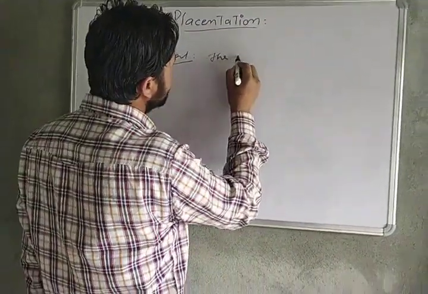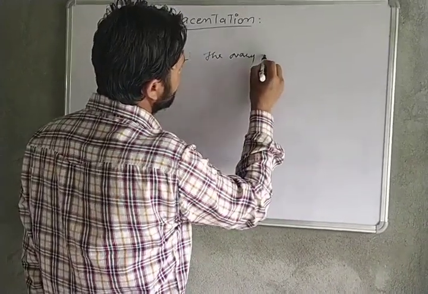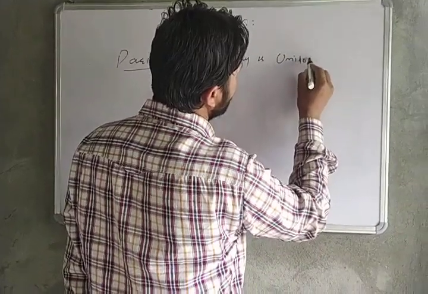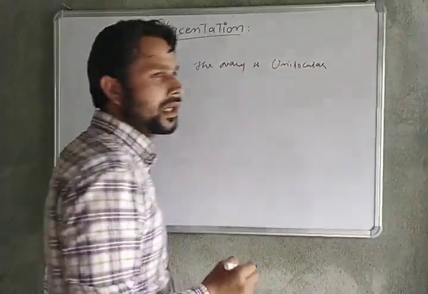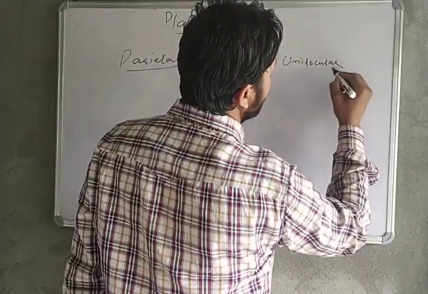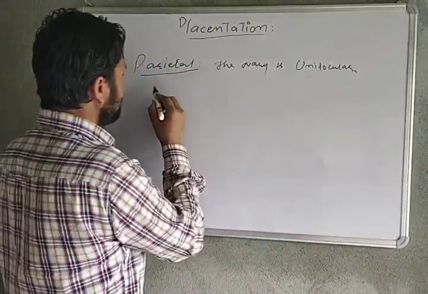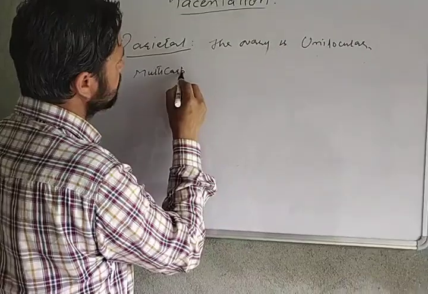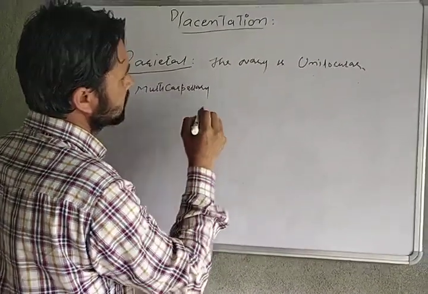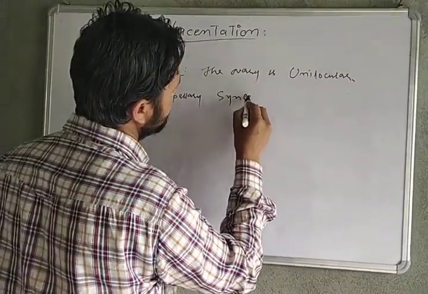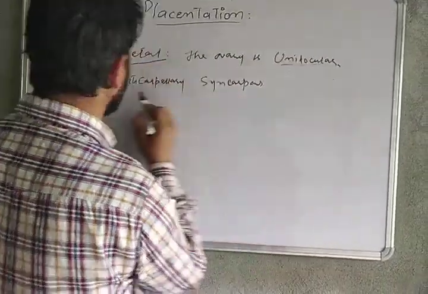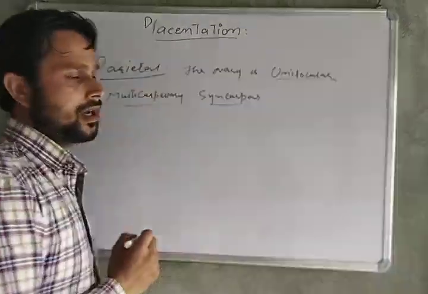The ovary is unilocular, multicarpellary, syncarpous. The ovary is unilocular, multicarpellary and syncarpous.